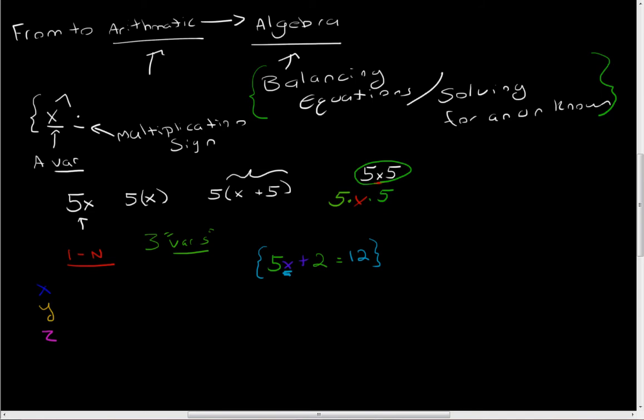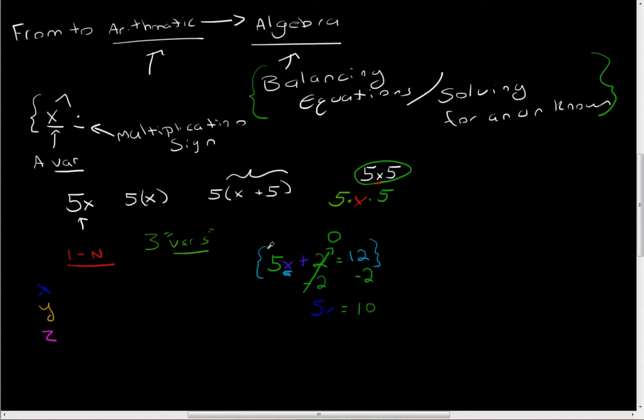Now to solve and balance for this side, I'm going to subtract the number 2 from this side, which will cancel these out, because 2 minus 2 is going to give us a 0. And we are subtracting a 2 from this side because whatever we do to one side, remember, we're going to do to the other side. 10 equals 5x.